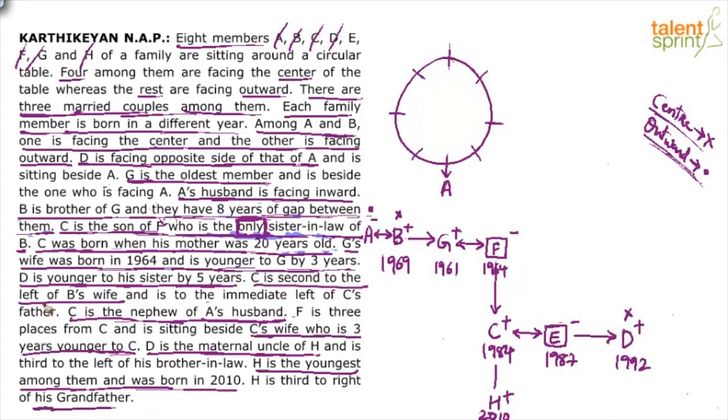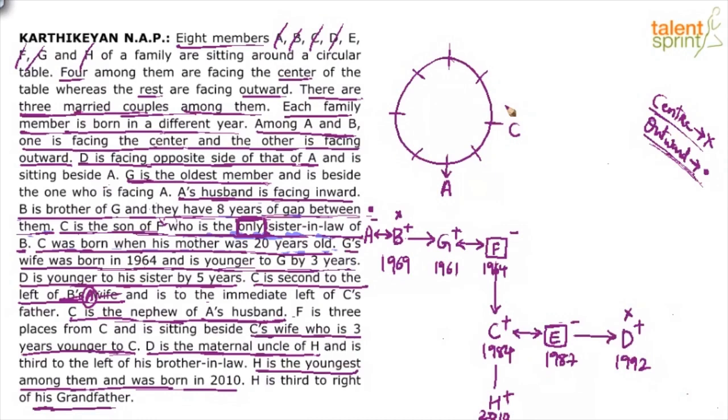C is second to the left of B's wife, so C is second to the left of A, first and second. C would come here. C facing center or outwards is not known to us anyway.